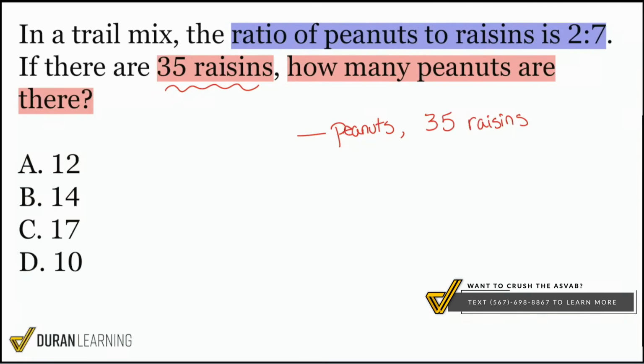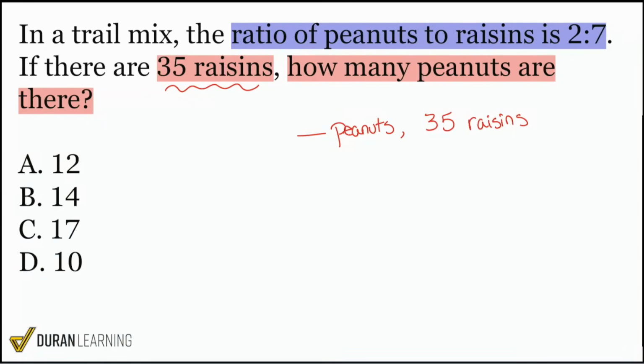Since the first word and number are peanuts and 2, that means we have 2 peanuts compared with 7 raisins. Again, it's all about the way you read a ratio, and you read them in the order that they are read. Peanuts first, raisins second. Peanuts is 2, raisins is 7.